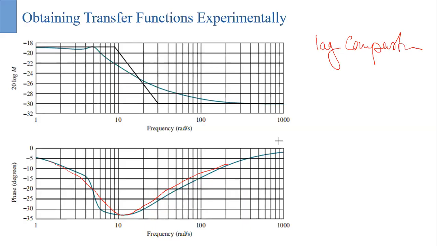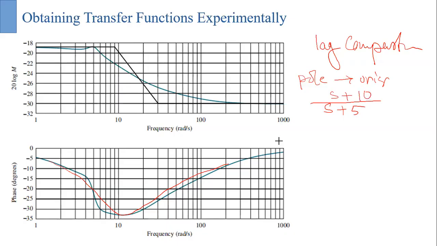In the lag compensator, we said that the pole is closer to the origin. So basically we have something like this: s plus, say if it is s plus 5, then the other one has to be slightly higher.